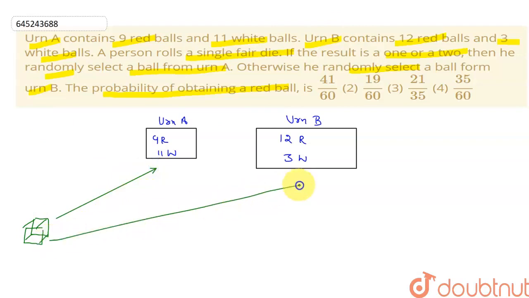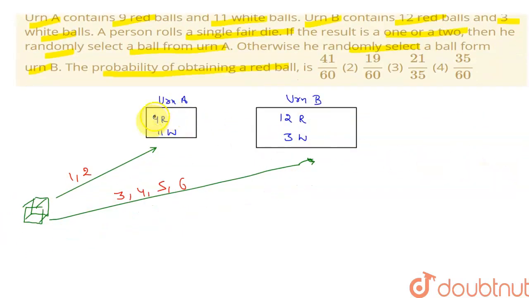Whenever we get 1 or 2 on this die, we select urn A, and if we get another value, that is 3, 4, 5 or 6, there are 6 values on a die, then we select urn B. We need to find the probability of getting a red ball.